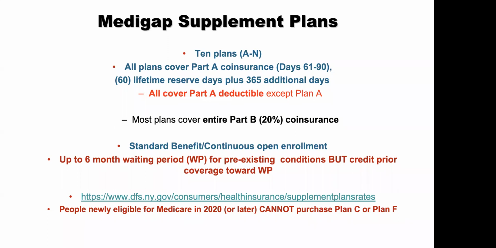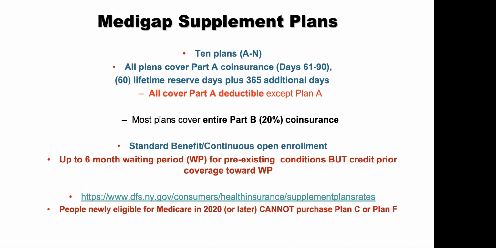And all cover the Part A deductible, which will be $1,600 next year, except for Medigap Plan A. And don't confuse Medigap Plan A or Medigap Plan B with Medicare Part A and Part B, two totally separate things. Most of these plans cover the entire 20% coinsurance that you're responsible for doctor visits under Part B. And we talked about that earlier.